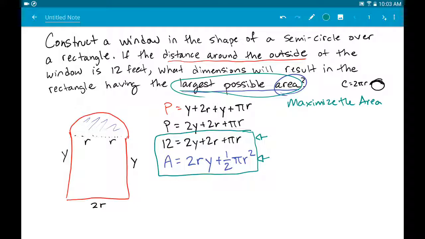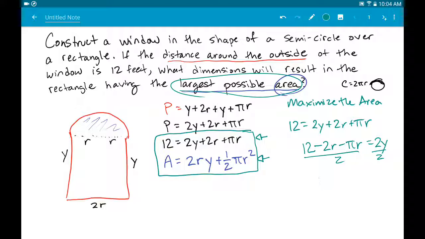So if I take my perimeter equation, I've got 12 equals 2y plus 2r plus pi r. Let's say for a second I'm going to isolate y. So I could take 12 minus 2r minus pi r equals 2y. Just move these both to the other side, and divide everything by 2.